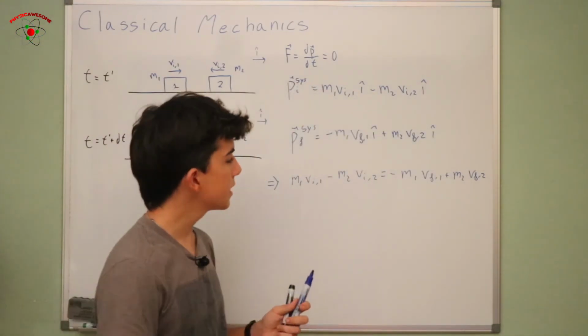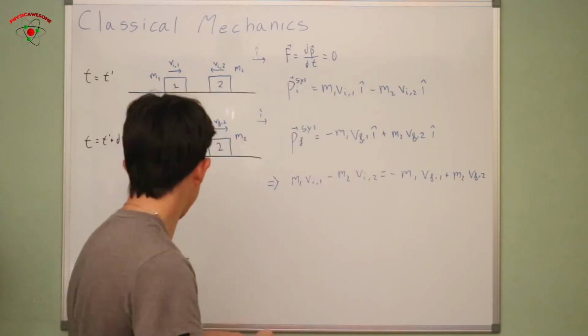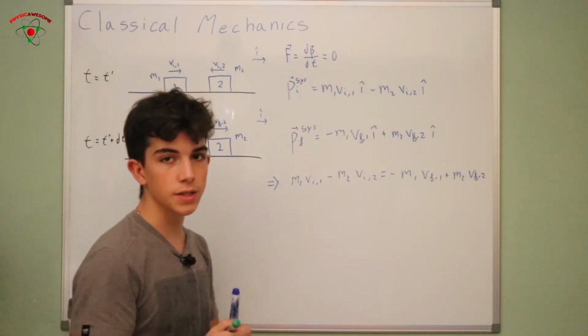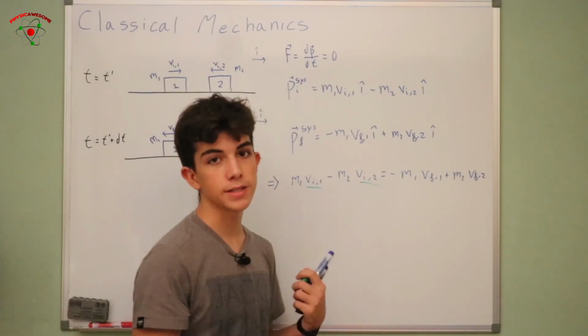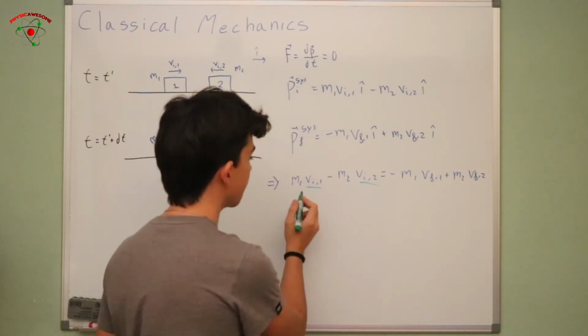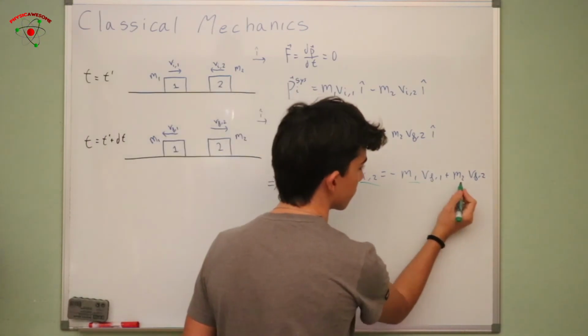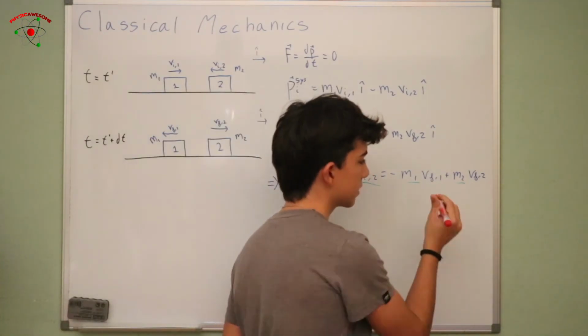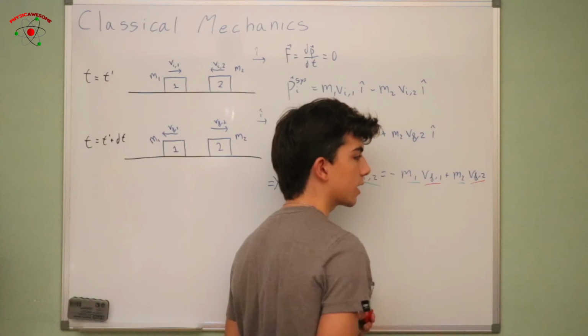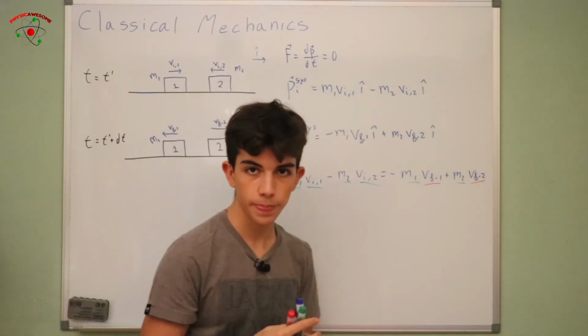So we see we have in this equation two quantities that should be given to us, as they are the initial conditions of the problem, and the masses, we already know them, and therefore we have two unknowns, that is the final velocity of object 1 and the final velocity of object 2.